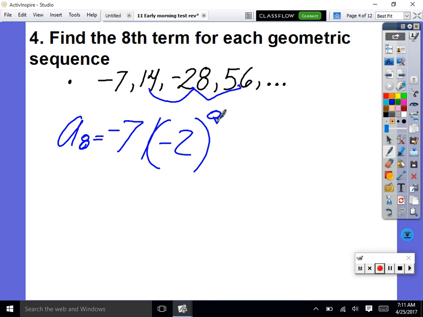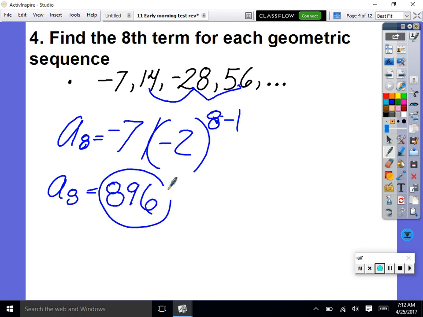Okay, negative 7 times negative 2 raised to the 7. So a sub 8, our 8th term, is 896. All good? Okay.